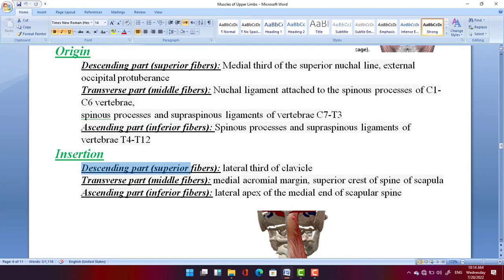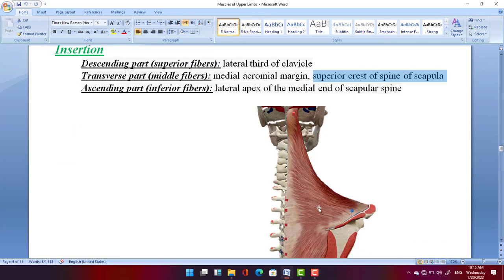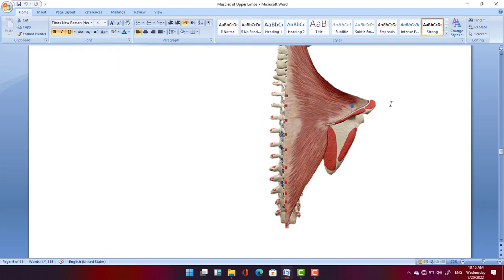Then the transverse fibers insert into the medial acromial margin and the superior crest of the spine of the scapula. And what about the ascending part or inferior fibers? They go to the apex of the medial end of the scapular spine.